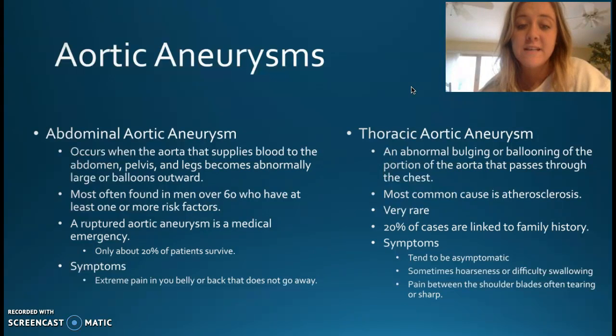On the other hand, a thoracic aortic aneurysm is an expansion or ballooning of the aorta within your chest. This type of aneurysm is very rare. About 20% of cases are linked to family history. Symptoms of this type of aneurysm are hoarseness or difficulty swallowing due to the aneurysm growing and compressing nearby structures, and sharp pain between the shoulder blades, most often when the aneurysm ruptures or is about to.